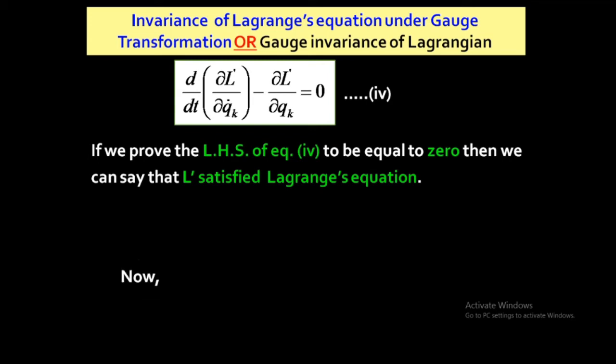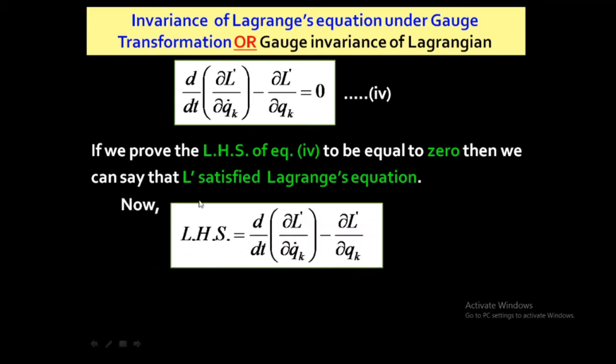So I take the left hand side of equation number 4, d by dt of del L dash by del q k dot minus del L dash by del q k. I will solve this left hand side and prove whether 0 comes or not. If it comes 0, then I can say that L dash satisfies the Lagrange's equation.